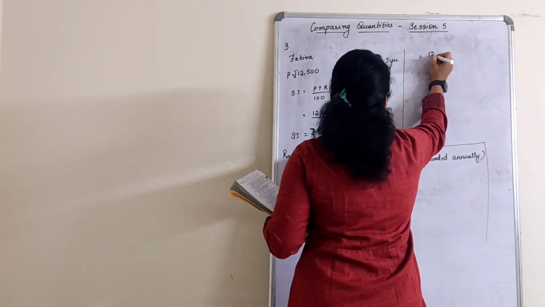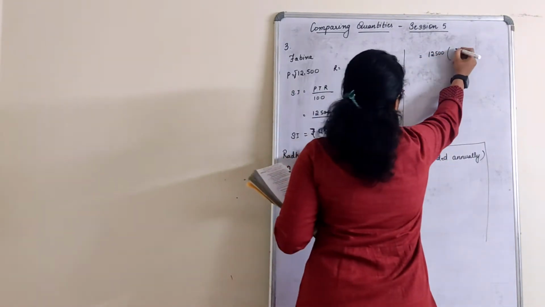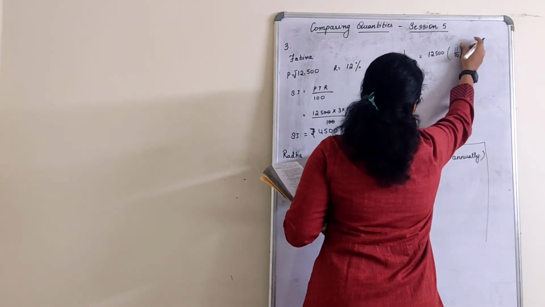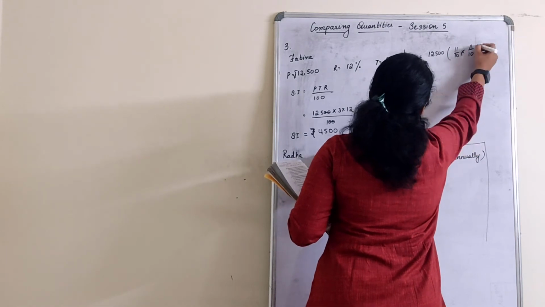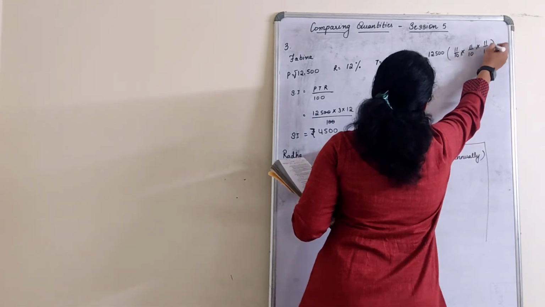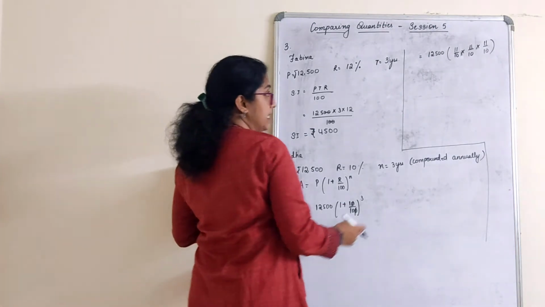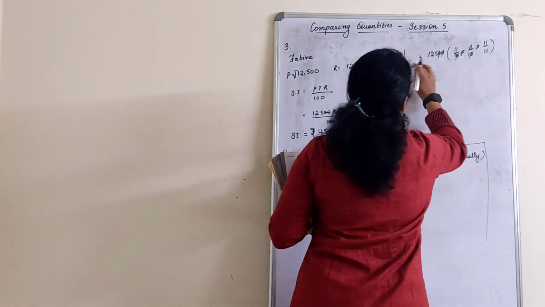So this is 12,500 of 10 plus 1 by 10. Directly shall I write? 11 by 10 into 11 by 10 into 11 by 10. After taking LCM, children, 1 by 10 will remain, 10 plus 1, 11. So 2 zeros and 2 zeros will get cancelled.